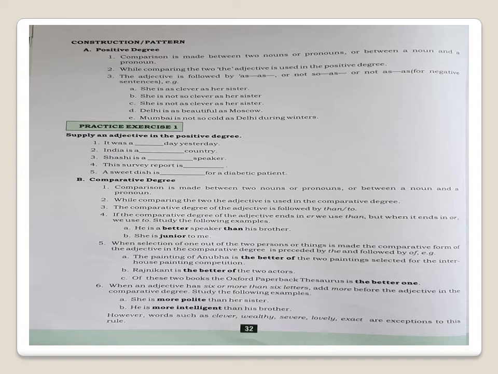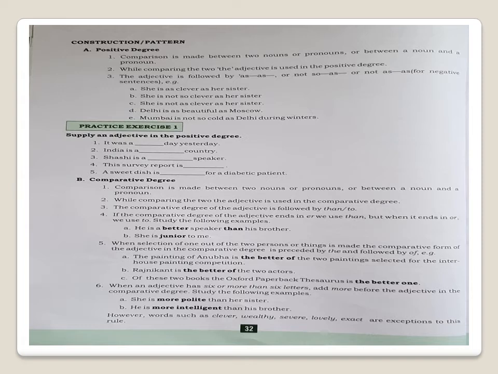The painting of Anubha is the better of the two paintings selected for the inter-house painting competition. Here the comparative degree better is preceded by the and followed by of.